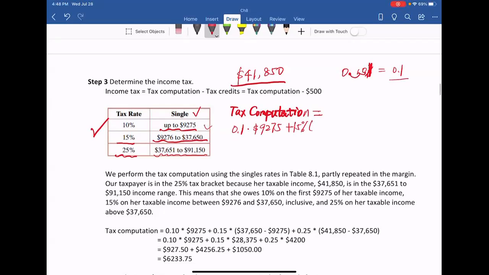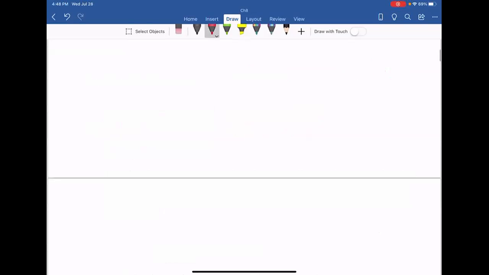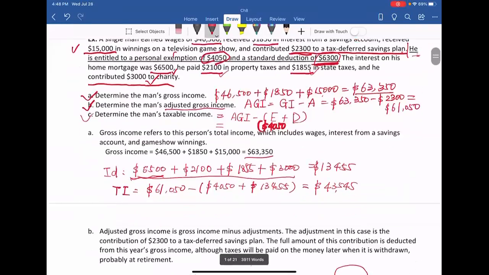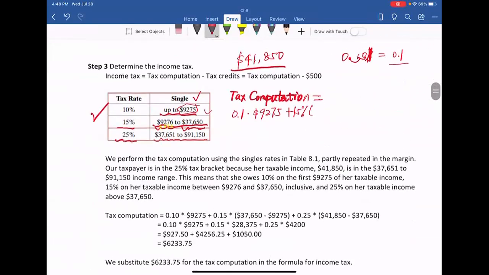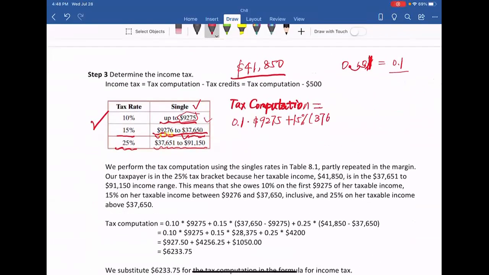Some students ask, can I use this, subtract this? Actually, we need to use this amount subtract this, because 9,275 is included in this range. This is very important. So we use 37,650 subtract 9,275.